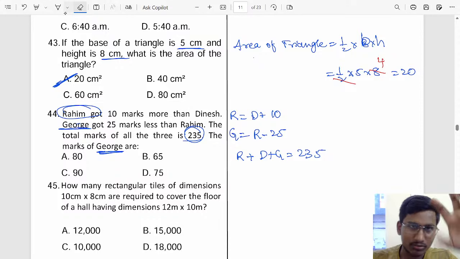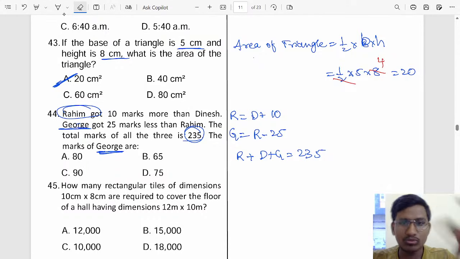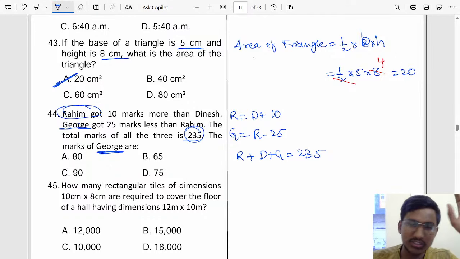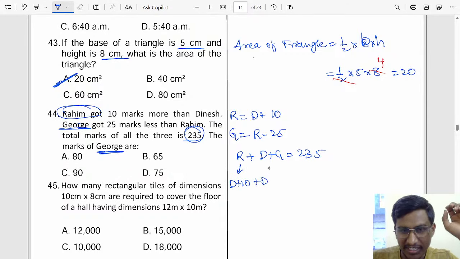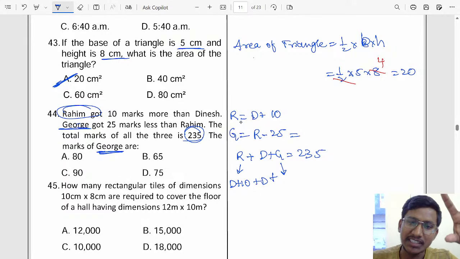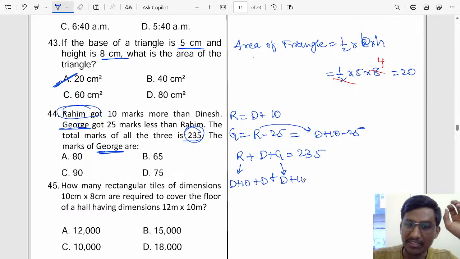Or you can do one more method: find Dinesh, so that will be easier. Let us do that. Rahim is Dinesh plus 10, and George is Rahim minus 25. So Dinesh plus 10, plus Dinesh, plus Dinesh plus 10 minus 25 gives 235 marks.